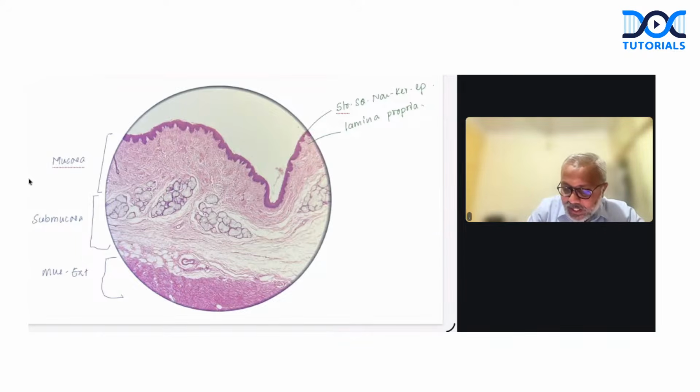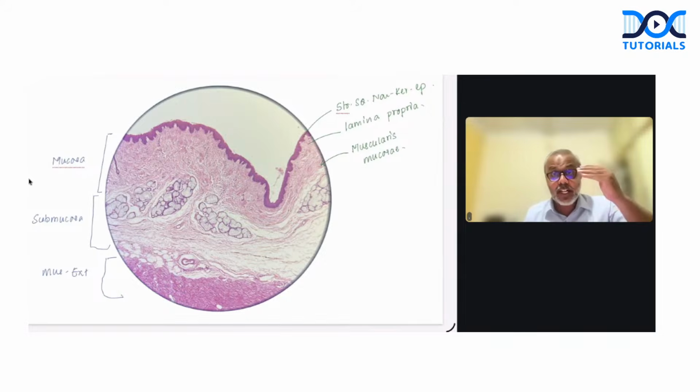Then there is a clear demarcation between the mucosa and the submucosa where we have a smooth muscle layer. What do we refer to it as? We refer to it as the muscularis mucosa. Muscularis mucosa, remember, is a thin layer of smooth muscle which distinctly separates the mucosa from submucosa. This is regarding the mucosa.